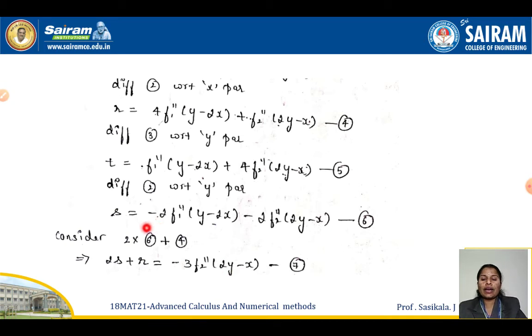Here you have a term minus 4 f1 double dash of y minus 2x, and here you have a minus 4. So you can add these two. The first term gets cancelled, the second term alone comes. So 1 minus 4 will be minus 3 f2 double dash of 2y minus x.